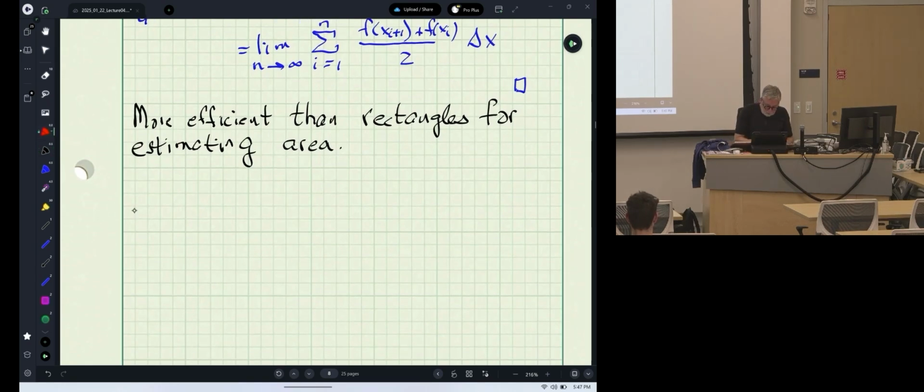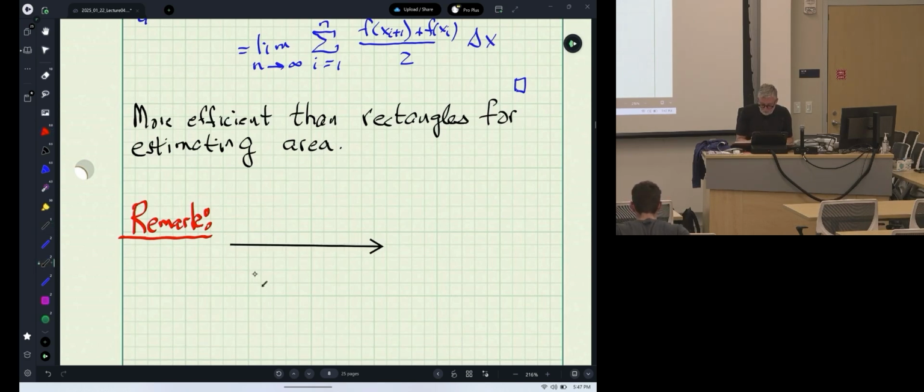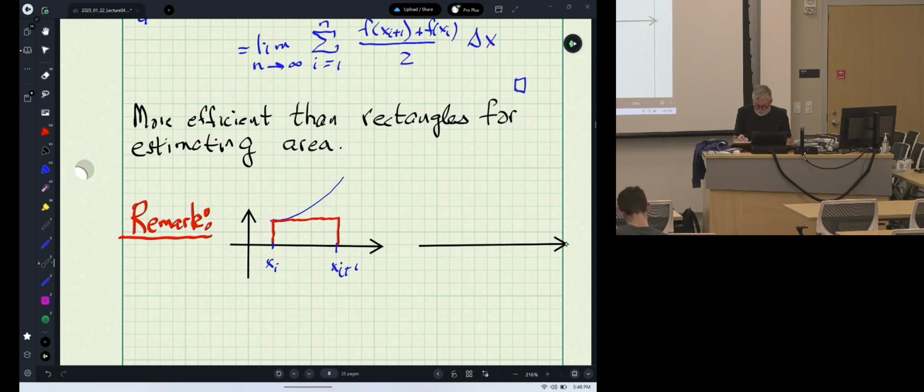Now here's just a simple remark. Okay, so if we were doing the Riemann lower and upper sums, that would be the lower value. And let's see how closely I can reproduce this figure.